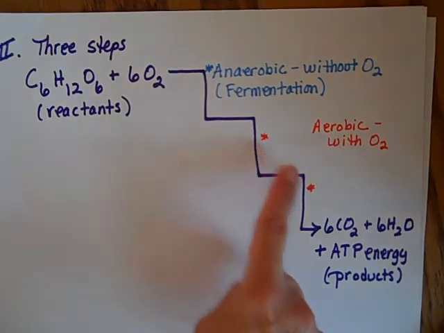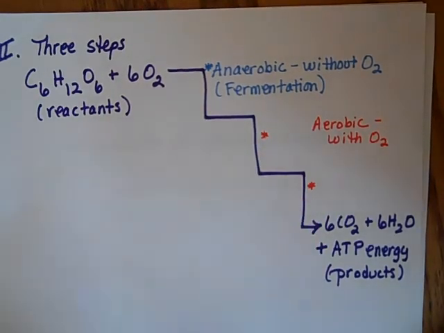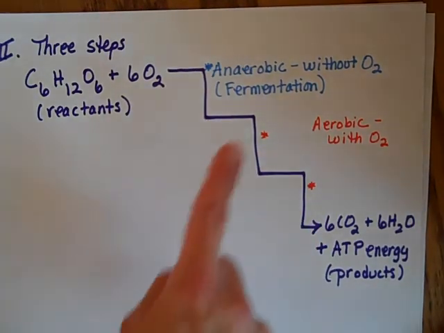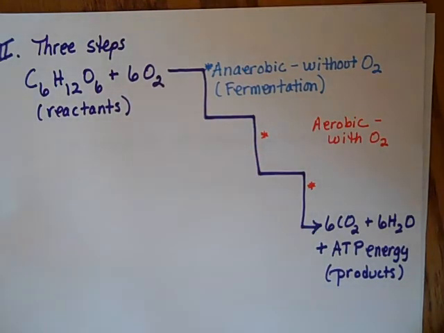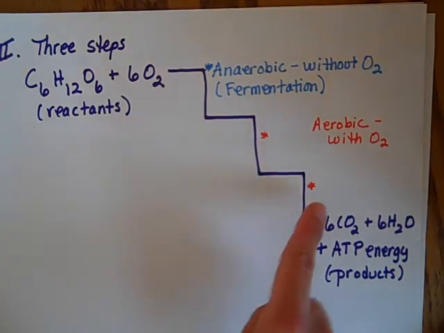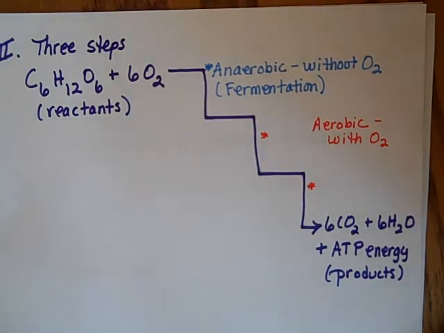The next 2 steps, you need oxygen. If you don't have oxygen, you can't do these 2 steps. The reaction stops at the first step. Okay? So these 2 steps are aerobic, meaning with oxygen present. And we're going to talk about what happens in those steps.